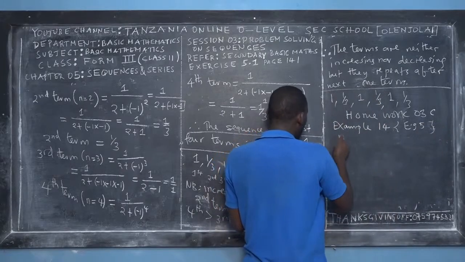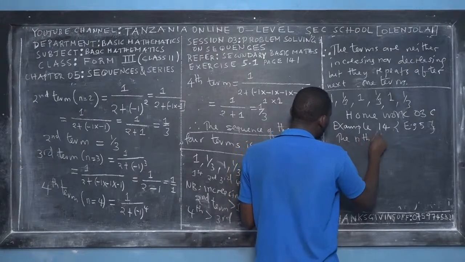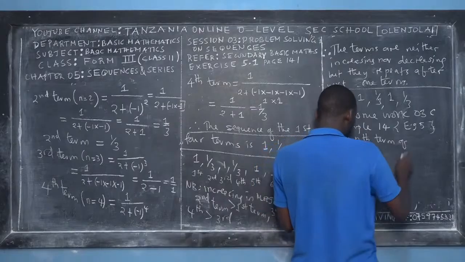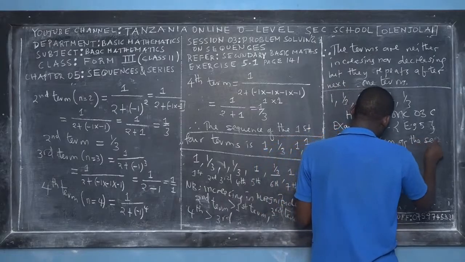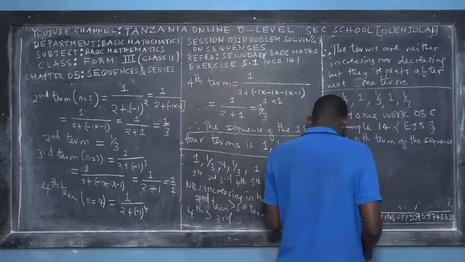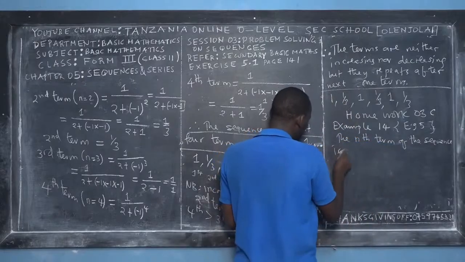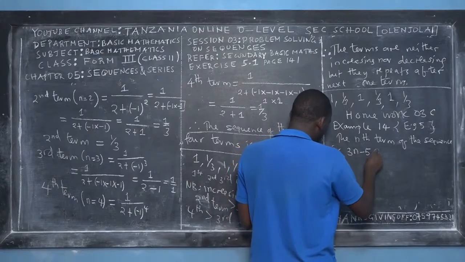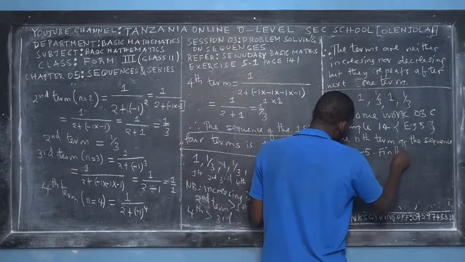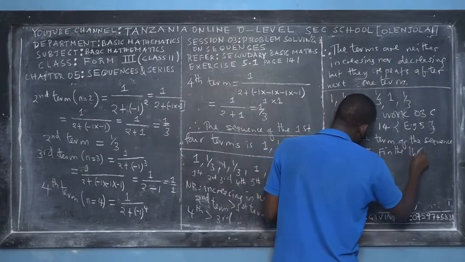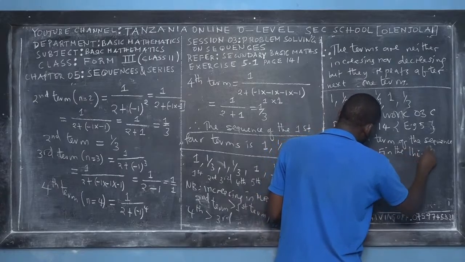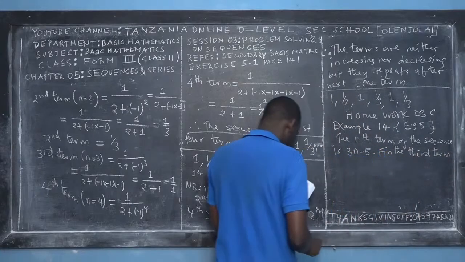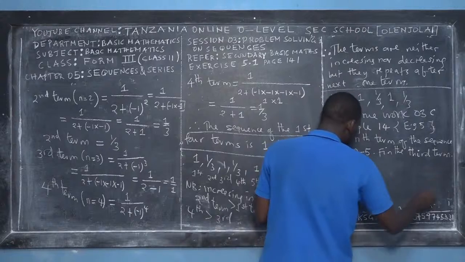The question says that the nth term of the sequence is 3n minus 5. Find the third term. Simple.